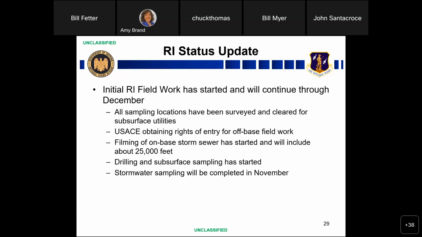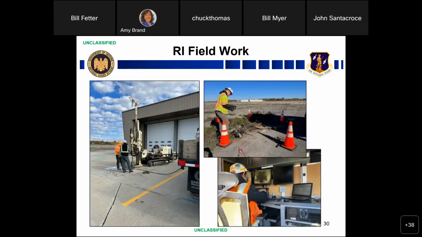I guess next slide. These are just a few photos of our field work. You can see the geoprobe drilling machine there on the left. That's what we use to do our shallow soil borings, soil sampling.